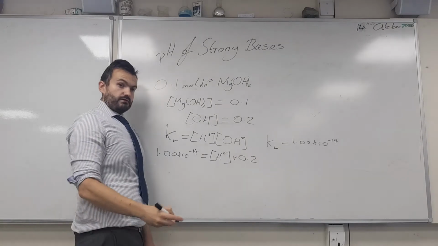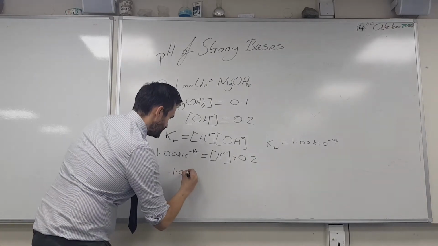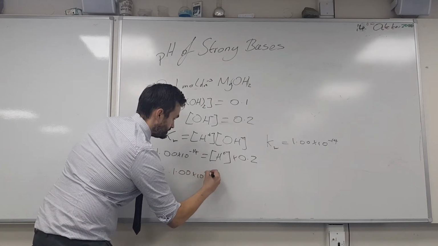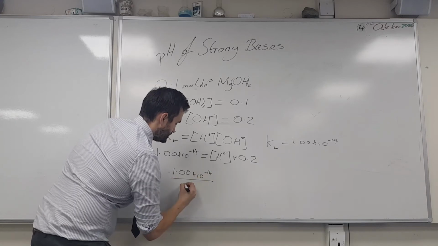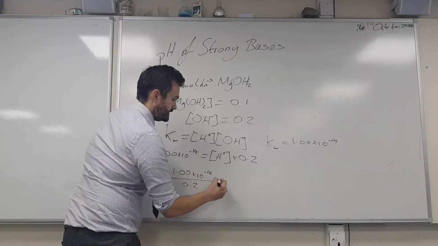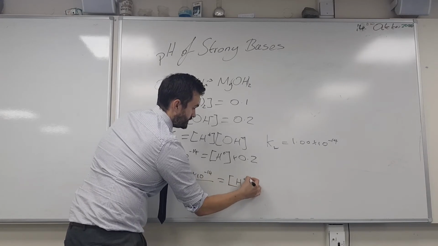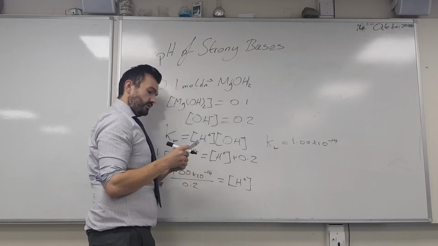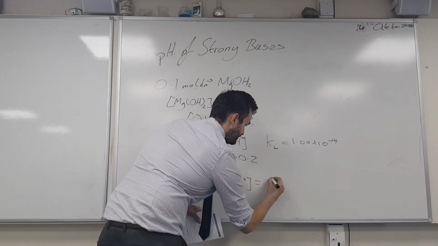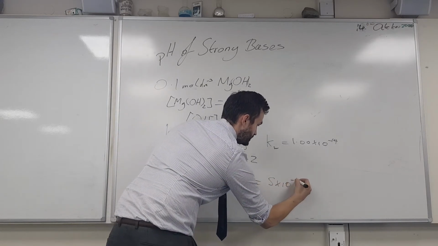So now we can just rearrange. 1.00 times 10 to the minus 14 divided by 0.2 is equal to the concentration of H plus ions. And if you work that out, you get 5 times 10 to the minus 14.